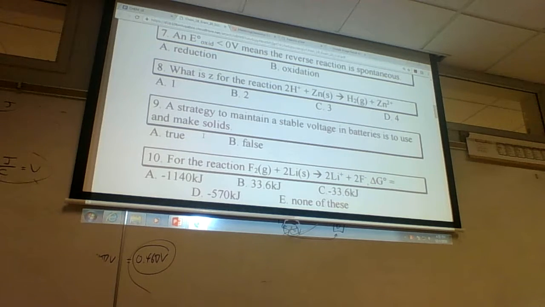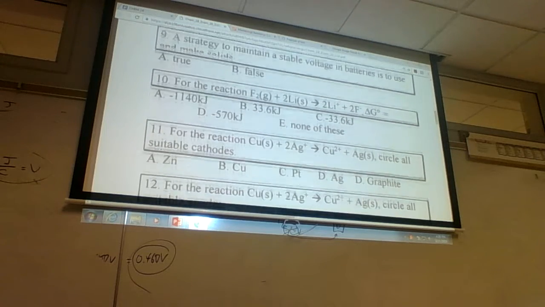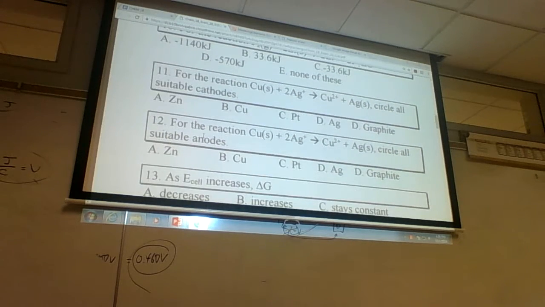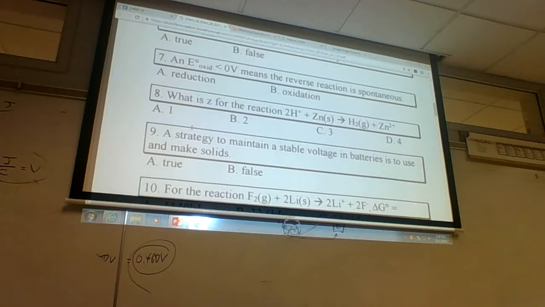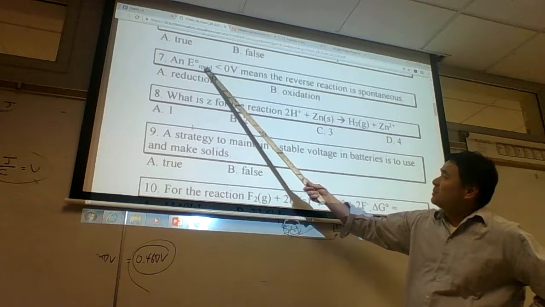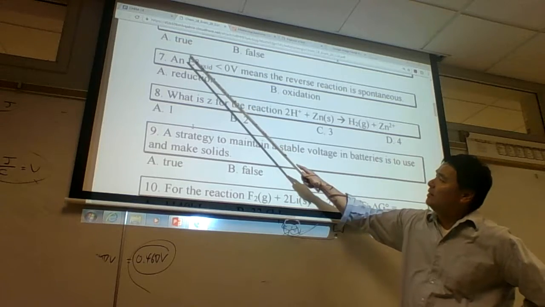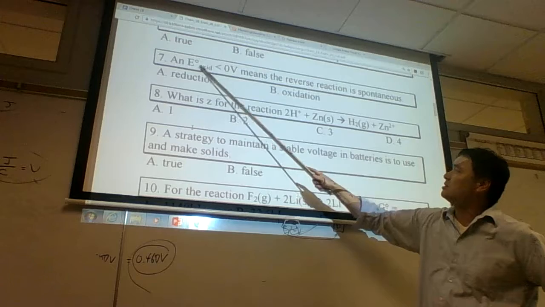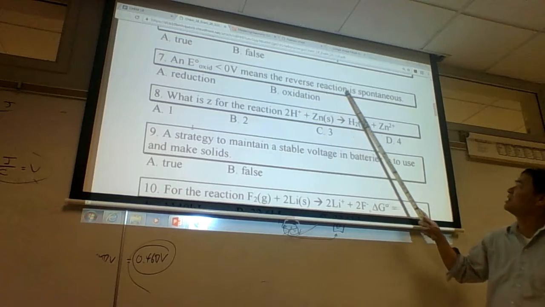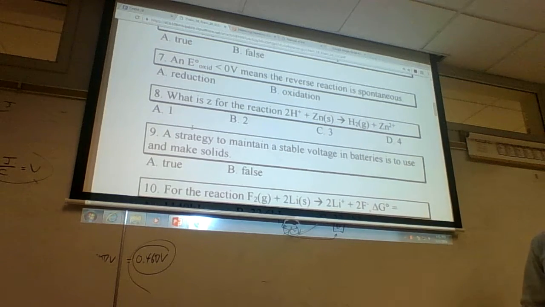Eight, I haven't talked about. 9, I haven't. 10, I haven't. 11, I have. Can you do 7? Oh, did I skip 7? Oh, yeah, I skipped 7. Oxidation potential, the way we read this is standard oxidation potential. Standard oxidation potential less than 0 volts means the reverse reaction is spontaneous.